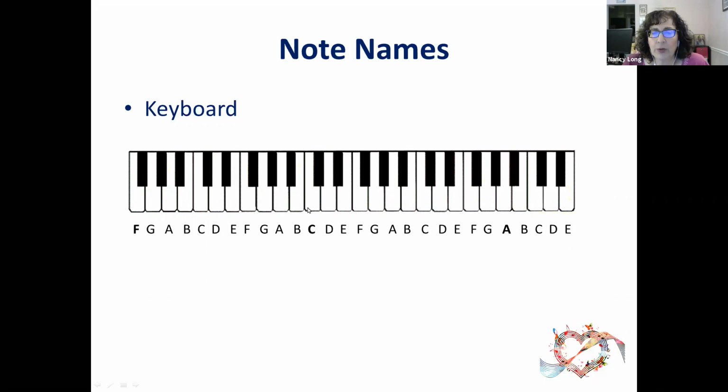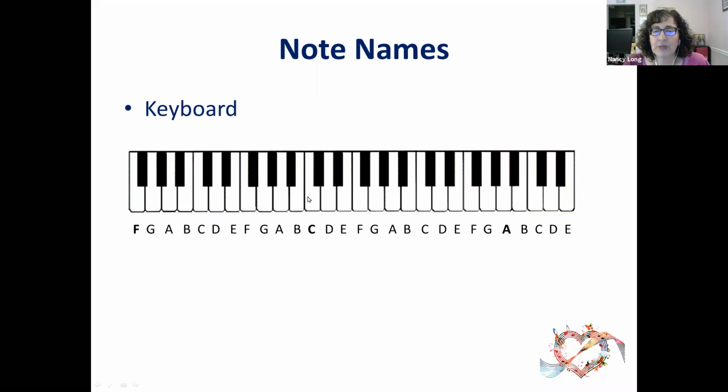Something to also point out while we're looking at the keyboard is a whole step. We'll talk about this later, but I wanted to show it to you visually while we were here. A whole step is from one note to, this is a half step, and then to the next note is a whole step.